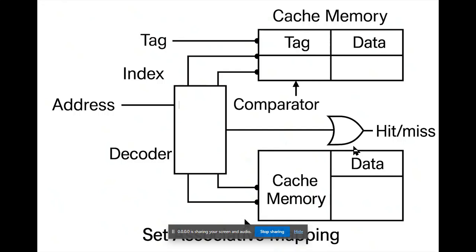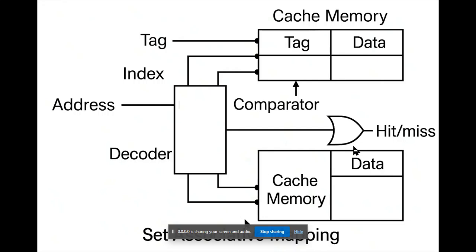This is made up of the CPU address input, which delivers the memory address, split into tag, index, and offset bits. The index decoder decodes the index bits to select a specific set within the cache. The tag field stores the tag portion of the address in each block, used to identify if a block contains the correct data.